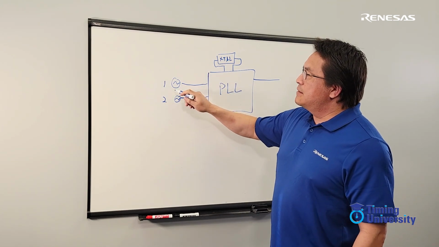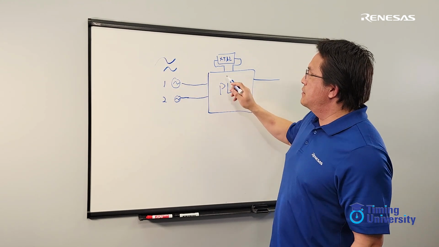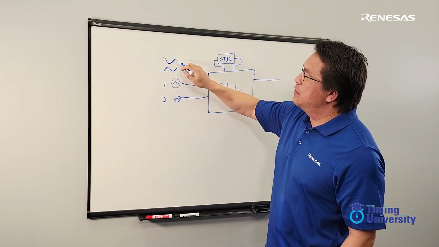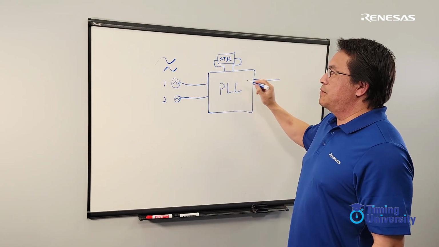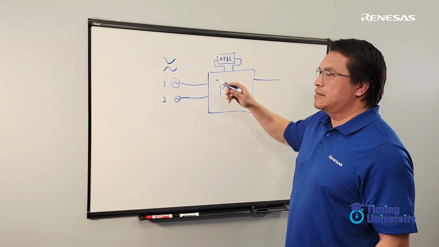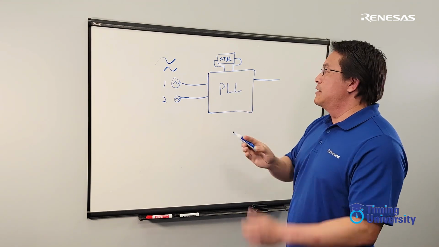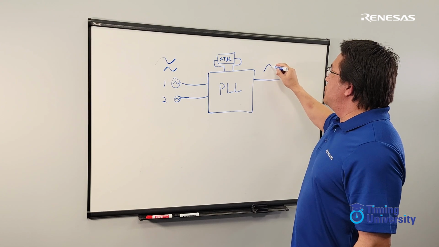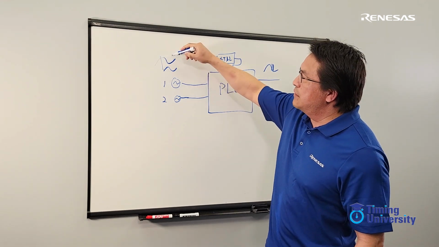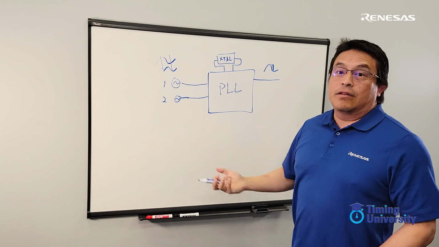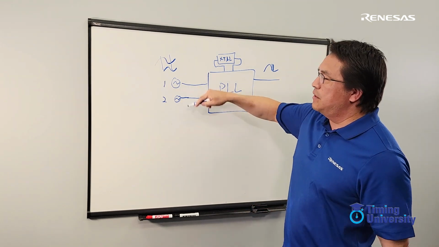Whatever the phase is coming in, if the second one is way off, the state machine will try to maintain what that delta is so that any output developed from either of these clocks will have that phase shrunk to a very small delta, as opposed to having this larger delta here. That's called hitless switching, where we minimize the phase hit between the clock switches.